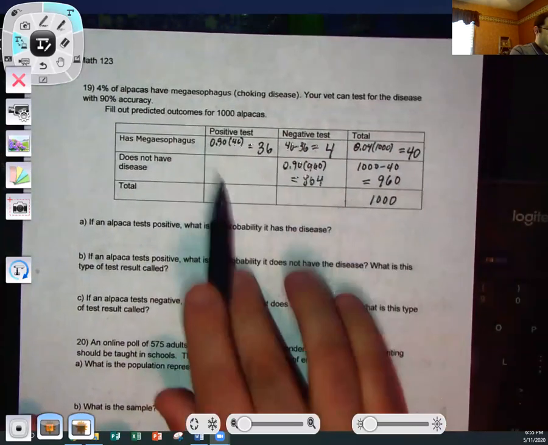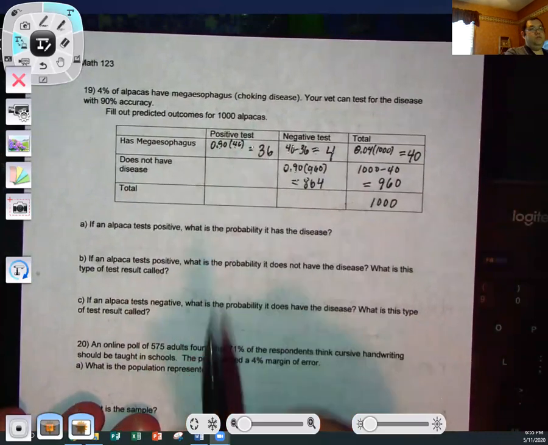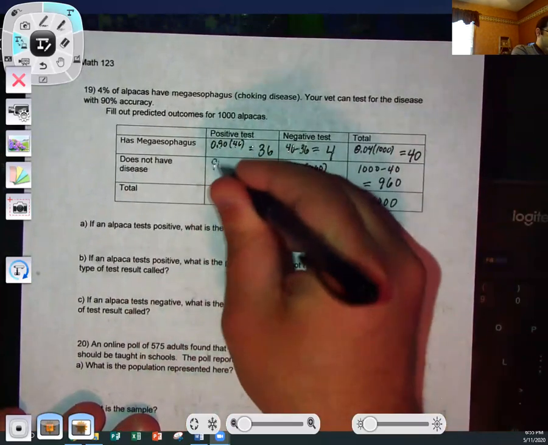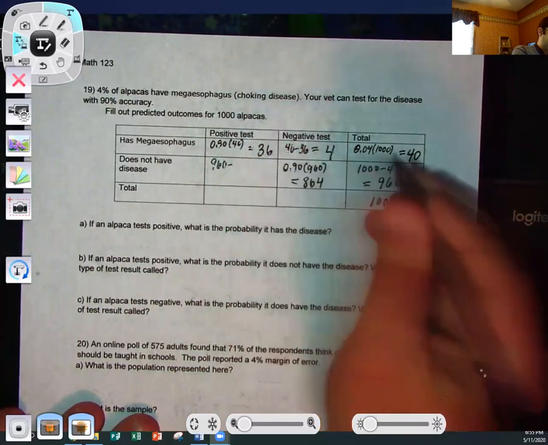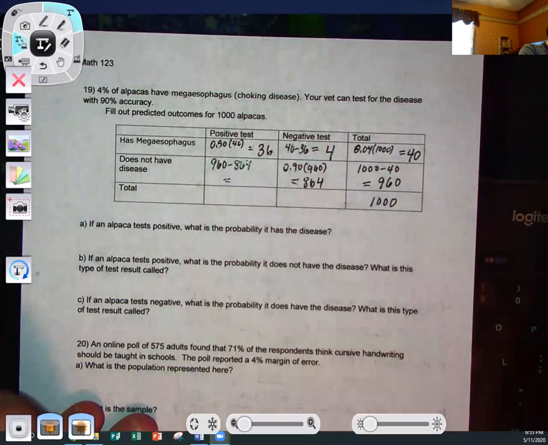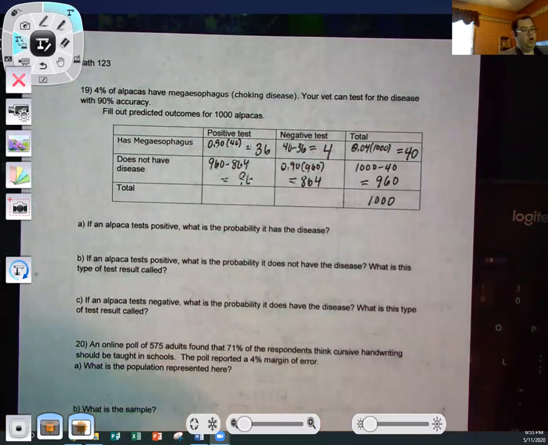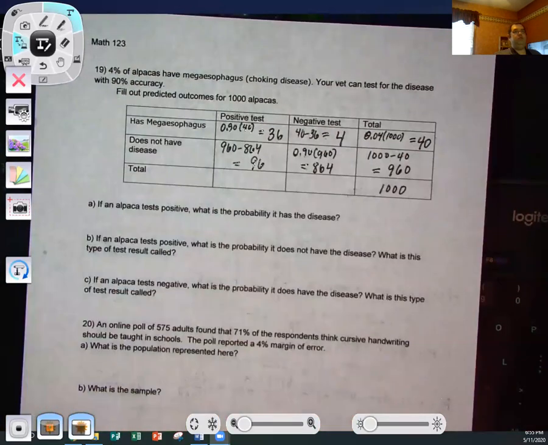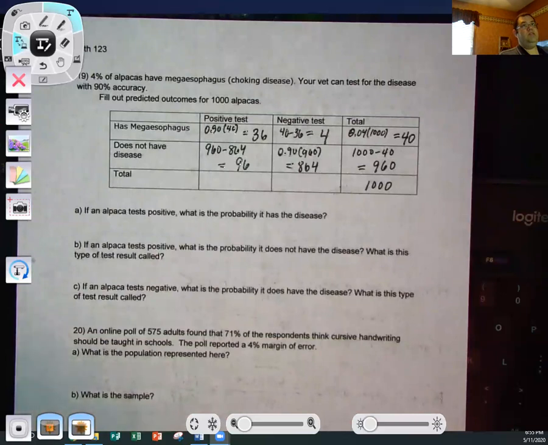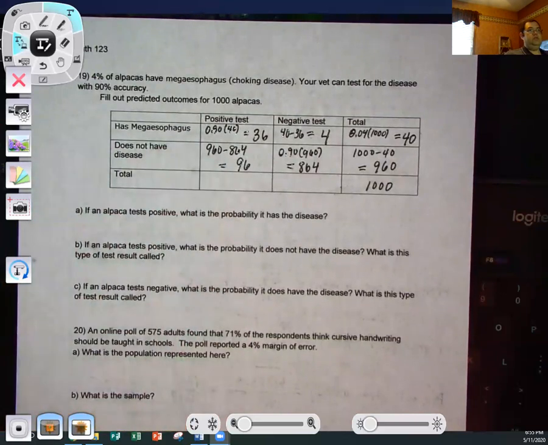So then to calculate the number of positives for those that don't have it, so this is the false positive, we would do 960 minus 864 to get 96. So therefore, 96 alpacas would produce a false positive. They don't have the disease, but they would produce positive results.